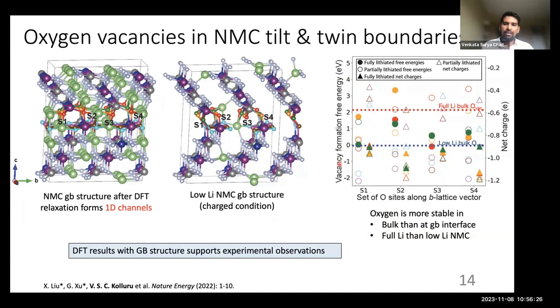So this supports our hypothesis that having these low angle tilt boundaries, even though they are energetically stable, will still cause oxygen loss. And also these 1D channels may help in reducing the diffusion barriers and further exacerbating the oxygen loss in these cathode materials.